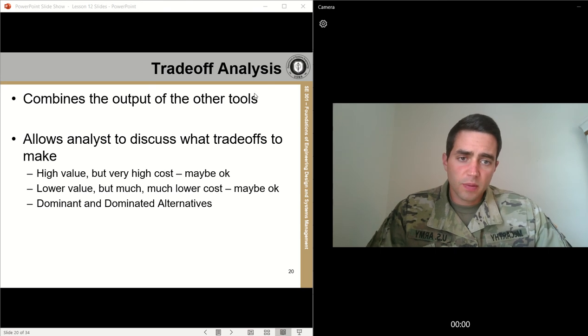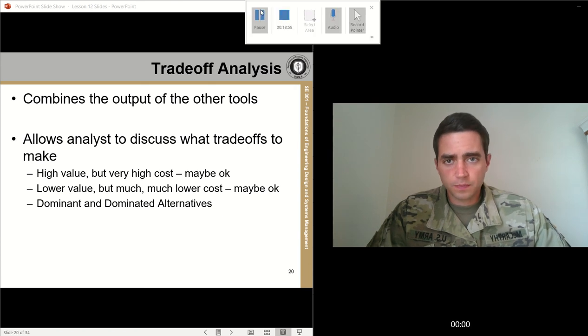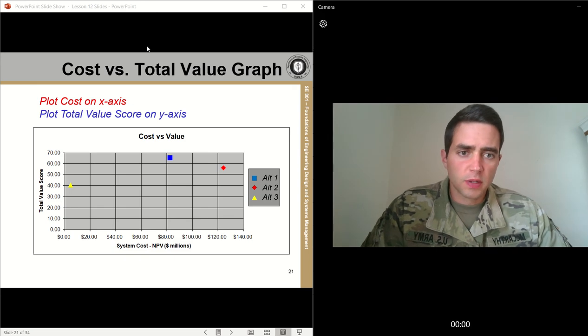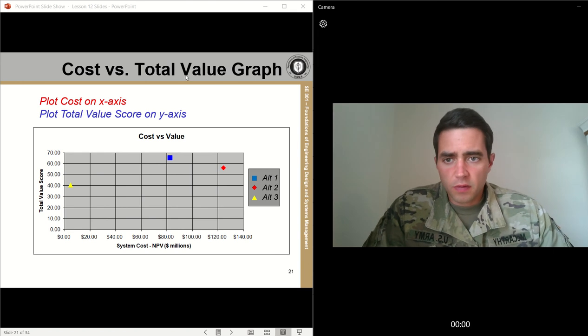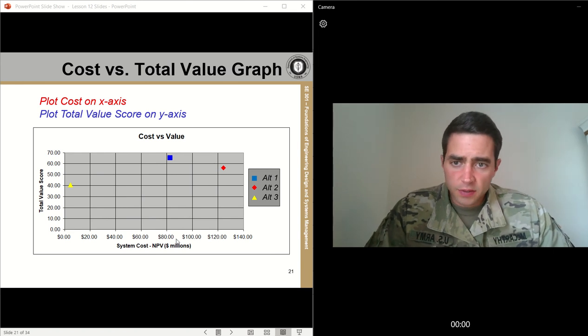The other thing, and probably the most important thing that this trade-off analysis shows, is what our dominant and our dominated alternatives are. So similarly to the coronavirus example, plotting the different options in cost versus value, here's some arbitrary example of 3 alternatives and their costs in millions of dollars.